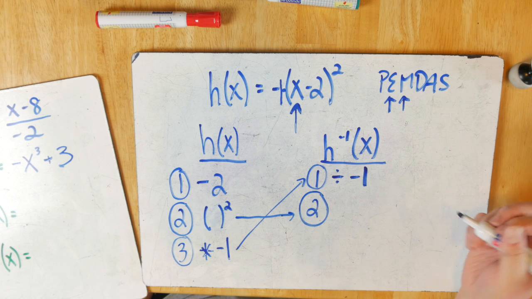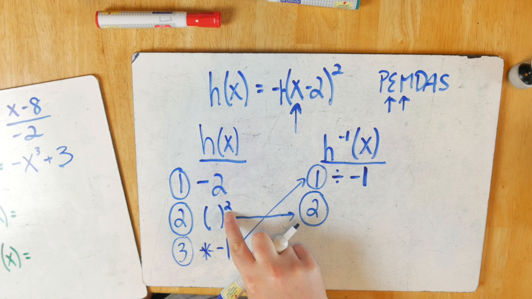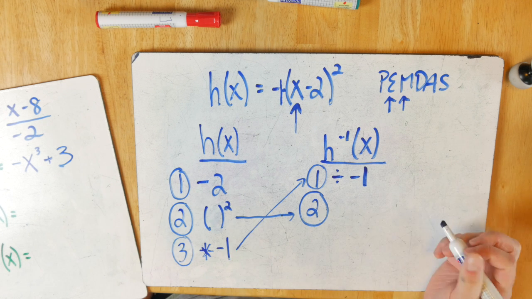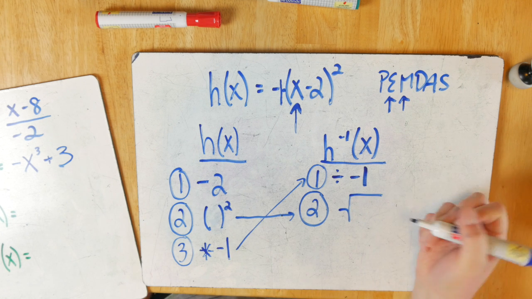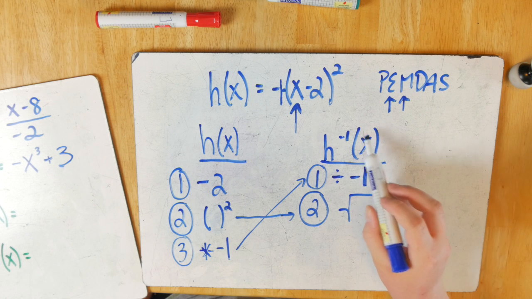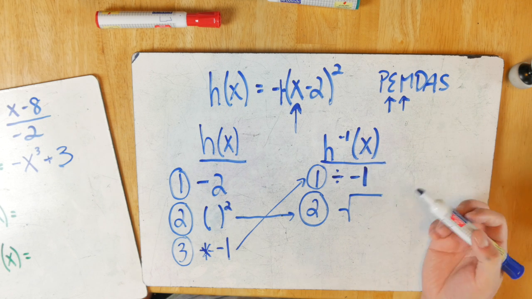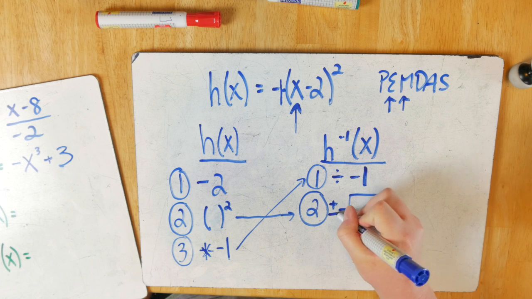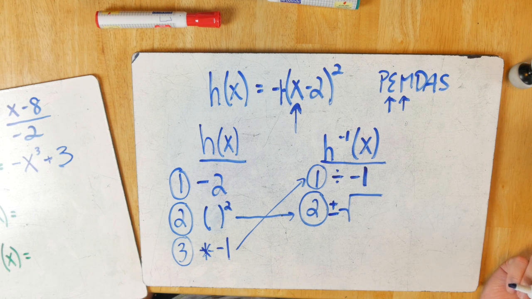The next thing that we have to undo is the square, and we have to be really careful here because the inverse of a square is a square root. So then we'll need to square root the input of the inverse, but we have to remember that there's a positive and negative value that comes from that. And that's really tricky and easy to forget.